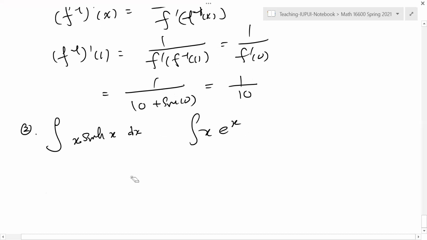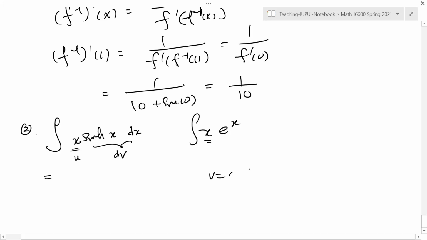Okay, what we want to do is get rid of x in this case. As a function, when you differentiate, it never changes the nature of this function. E to the x, derivative is e to the x, and the derivative of hyperbolic sine x is hyperbolic cosine. So what I'm trying to do is, this will be dv. When I switch it, then x becomes 1. So the question is, what is v?